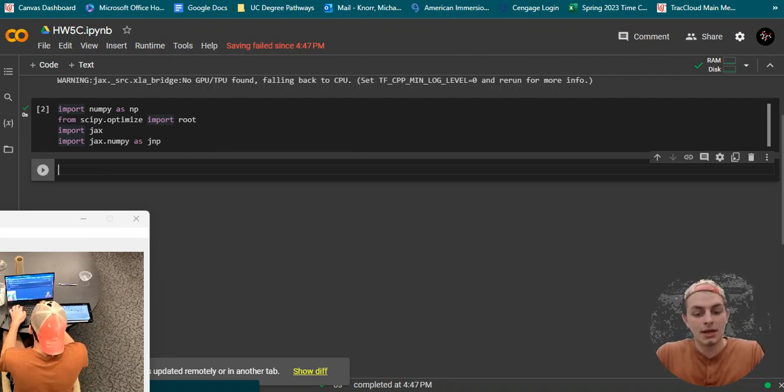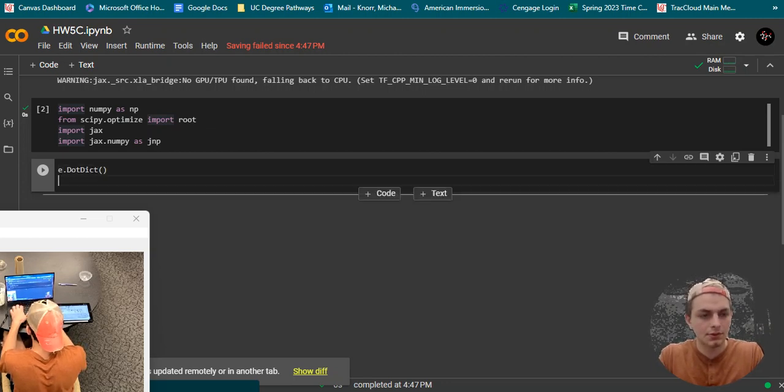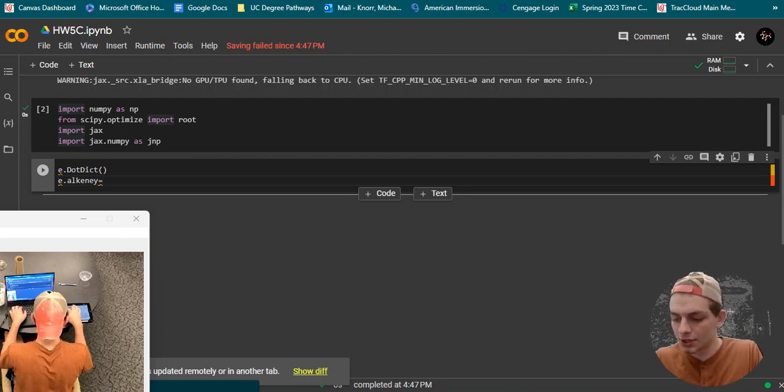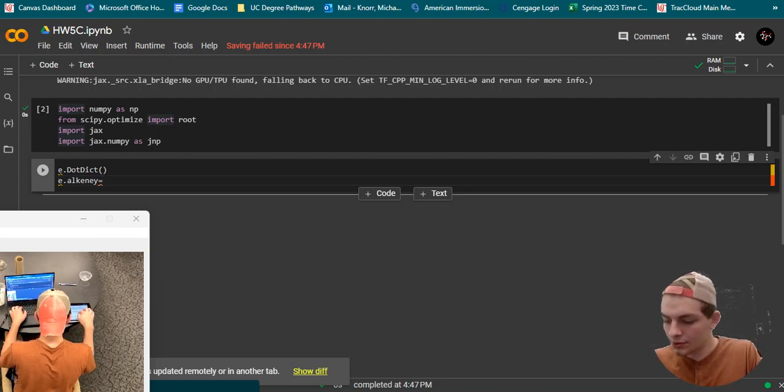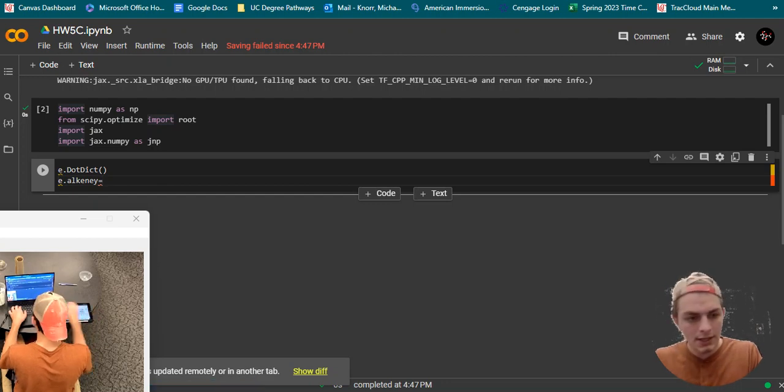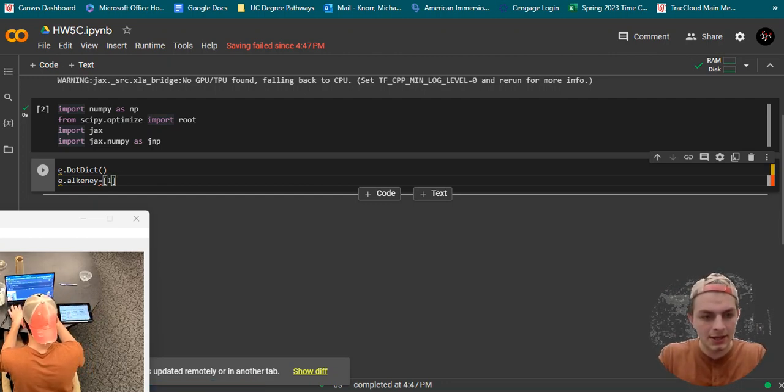We want to make a dot dictionary here. And in this dictionary, we are going to start with our feeds, which we know. So alkene, Y, and we will make that, let's see, I'm going to have to check that old note for what it was. Yes, okay, so it was pure alkene.